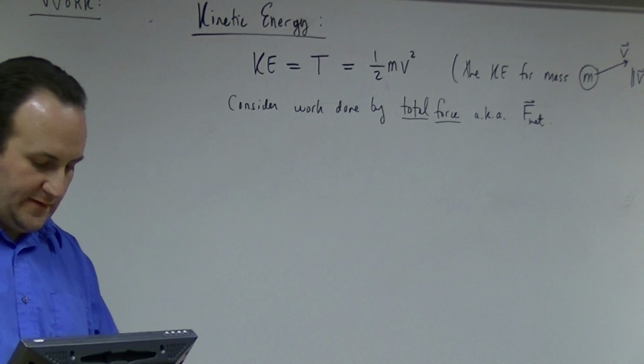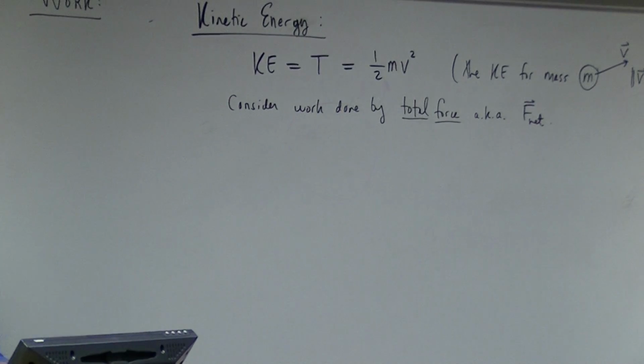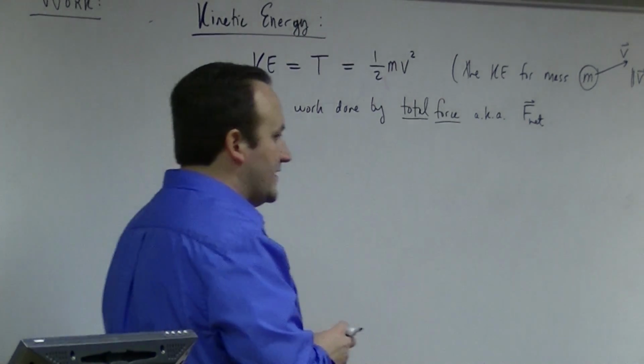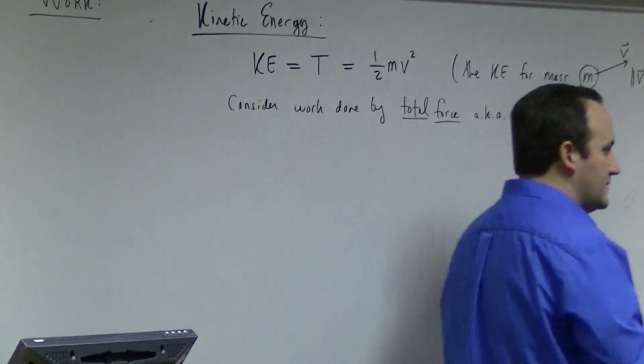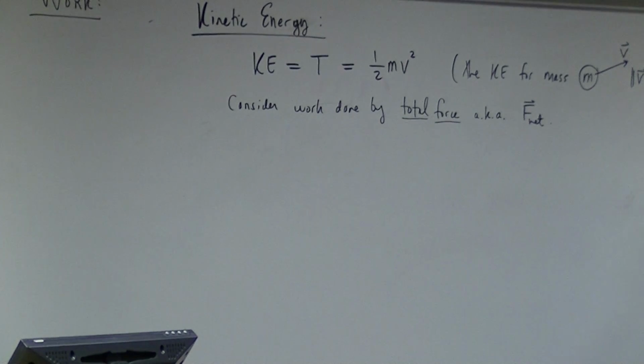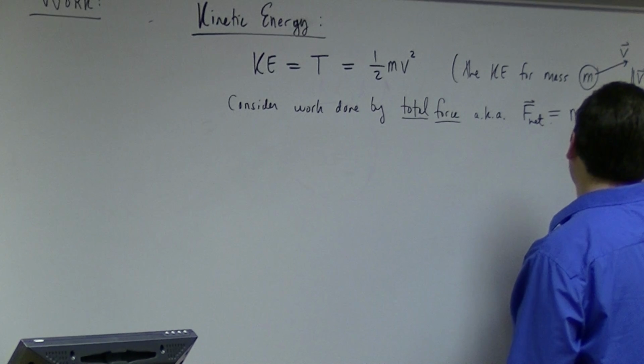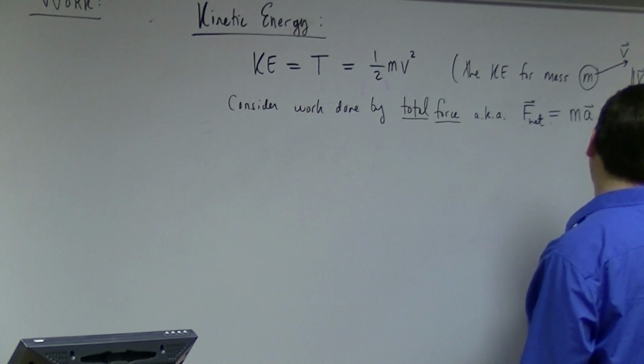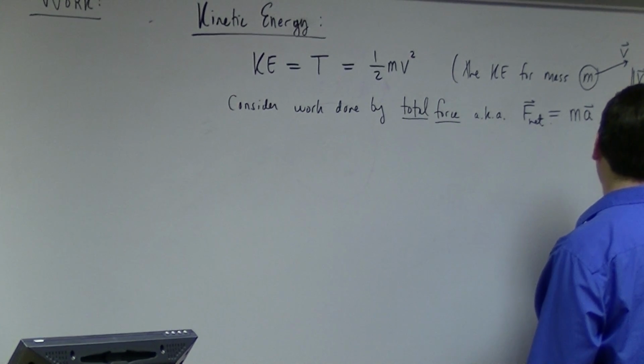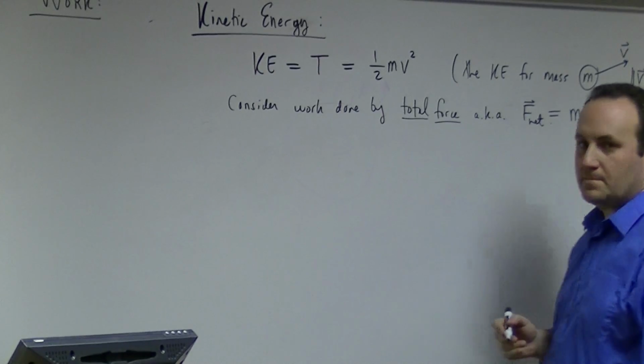The net force is subject to Newton's second law. So the net force is connected with the kinematics of the motion, whereas the other forces I've talked about don't have to be connected with the kinematics directly. The net force has F equals ma, or m dv/dt, as it will be more significant for us to think about.